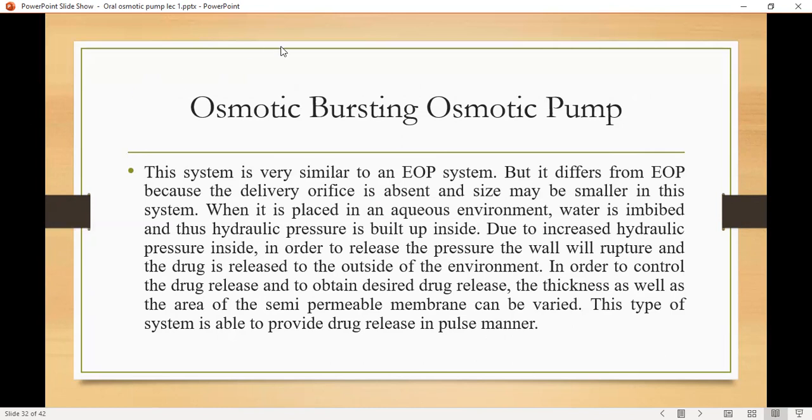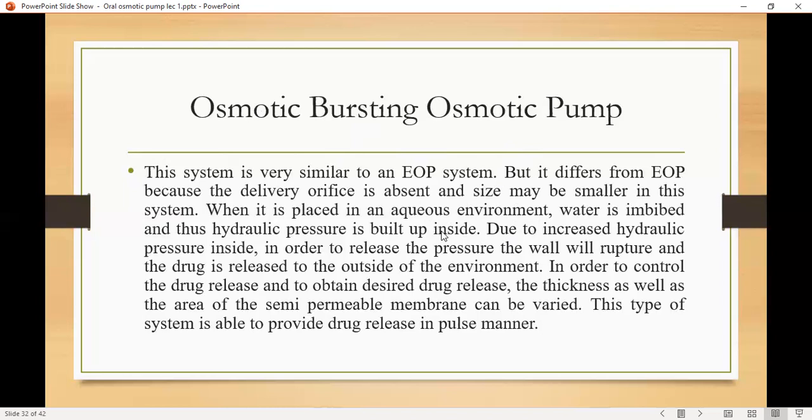So there is a difference between the elementary osmotic pump and the bursting osmotic pump: the system is the same as the EOP, but the only difference is that it does not contain any orifice. Now what will happen if you place this pump in your GIT? It will absorb or imbibe water. After absorption, pressure inside the system will increase and it will rupture the system. It means that after taking the bursting osmotic pump, the hole is produced inside the body.